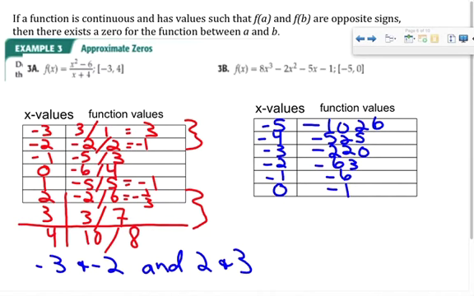So what I've found is that nowhere from negative 5 to 0 will my graph cross the x-axis. Nowhere will I have a 0 between negative 5 and 0. No zeros in this interval.